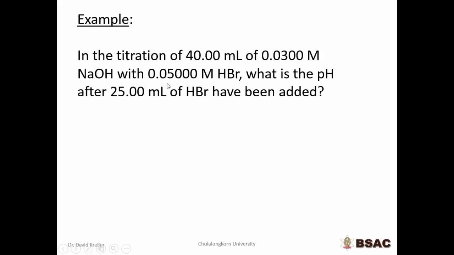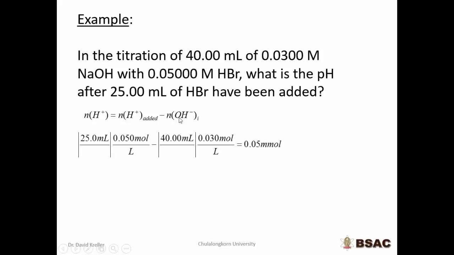Okay, let's calculate the pH at this point. Remember, we used only 24 mL to get to the equivalence point. So here we are 1 mL past the equivalence point. So the calculation has the number of millimoles of hydrogen ions that have been added, subtract the number of millimoles of hydroxide ions that were there initially.